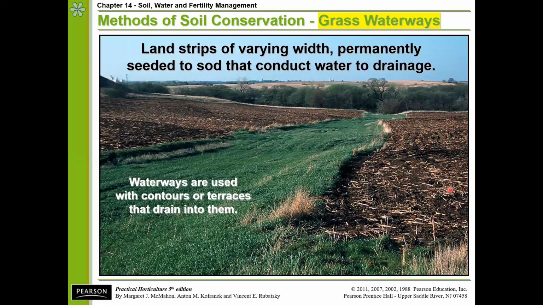So we have cropping areas. It looks like corn was here on either side, but we keep winter rye in here, covering the base, so that any soil that runs off is going to be stopped, at least partially, by that grass waterway.